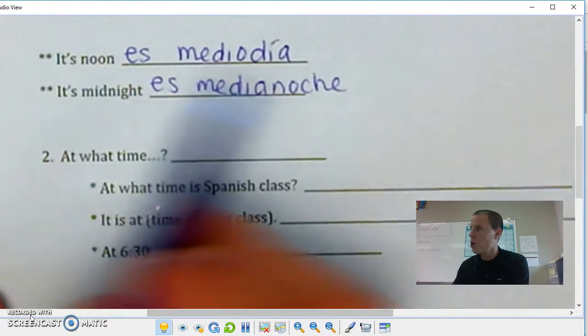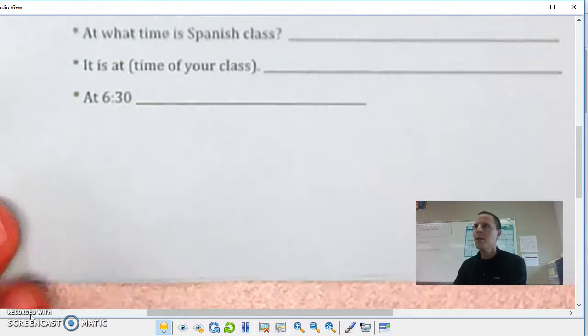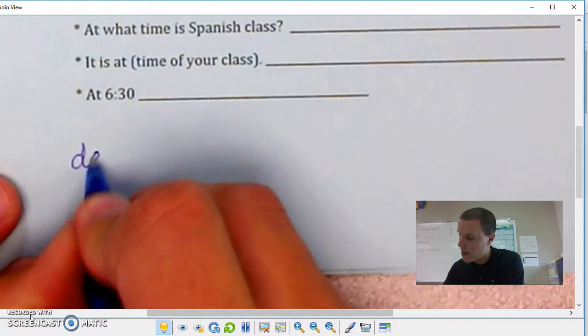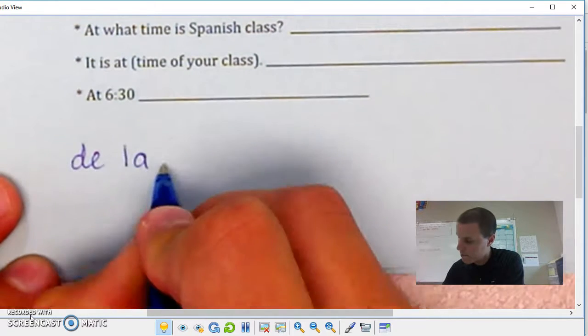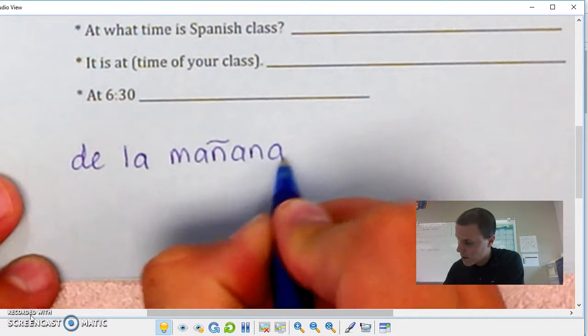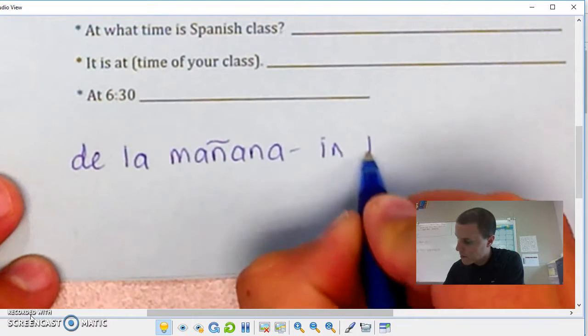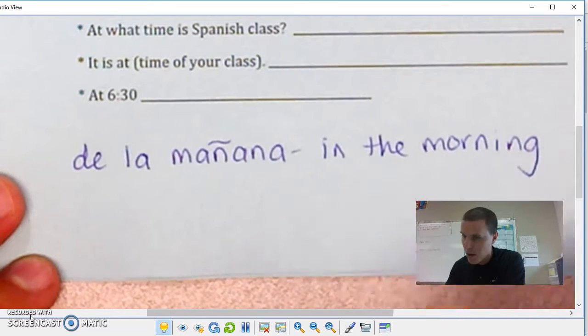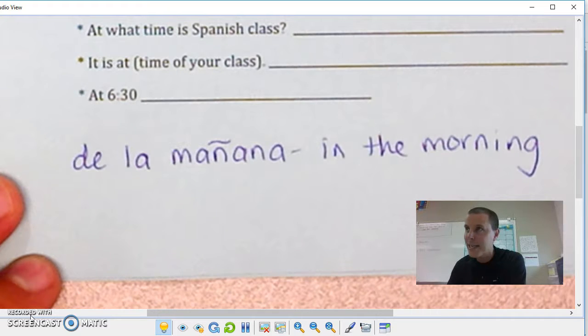We're going to skip 2 for now. We'll get to that tomorrow. On the very bottom, sometimes you want to say it's 8:30 in the morning or it's 8:30 a.m. So that's what we're going to do here. De la mañana, in the morning or a.m. Son las 10:15 de la mañana. 10:15 a.m. or 10:15 in the morning.